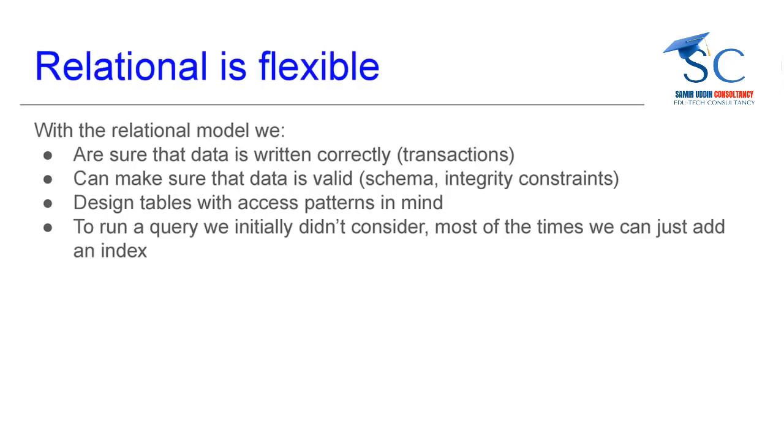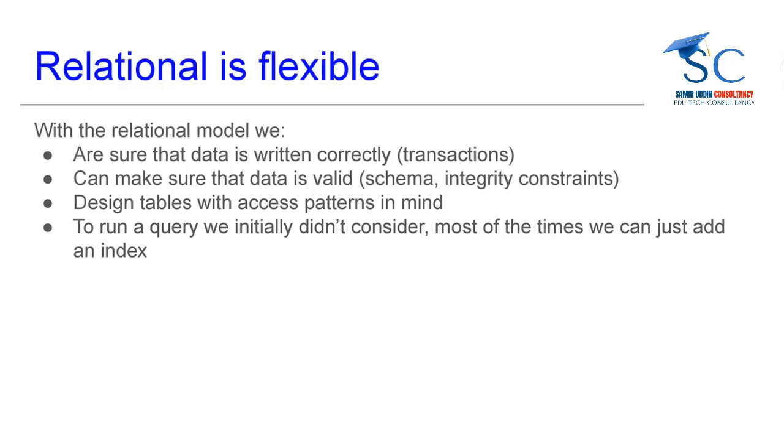So the relational model is surely the most flexible. This could sound surprising, but if you think about it, actually, first of all, when you insert data and the database returns okay, the query succeeded, you are sure that the data is persistent.